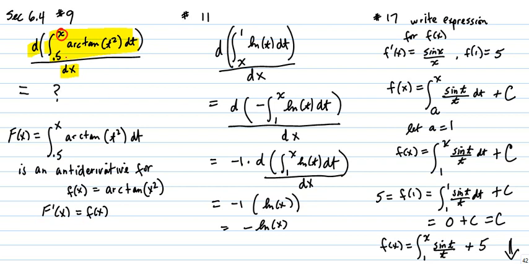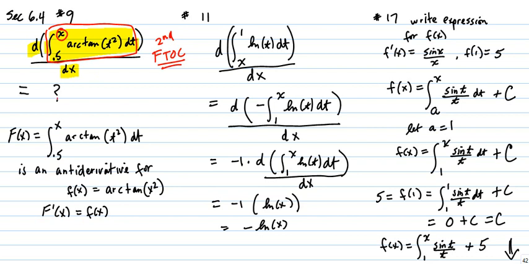Well, you might think of getting an antiderivative for arctan t squared, which we haven't learned how to do, and which is either very difficult or impossible to get in closed form. And then, if you got one, you would evaluate it at these limits and then differentiate it. But using the second fundamental theorem of calculus, we recognize that inside function as a construction of an antiderivative.